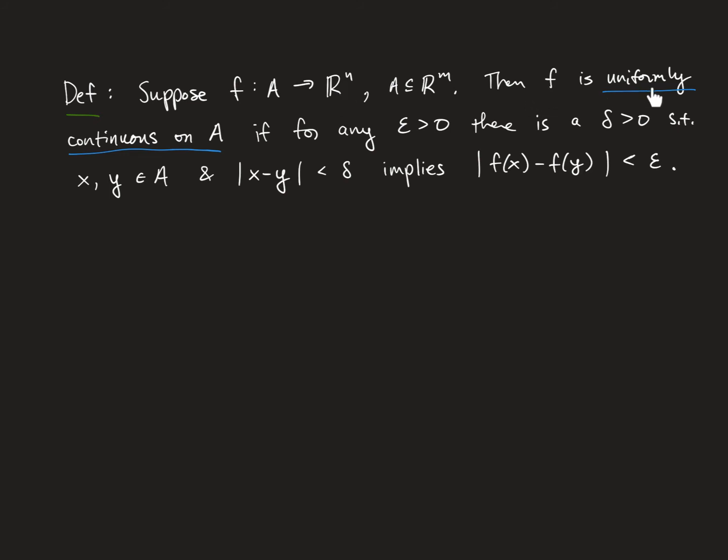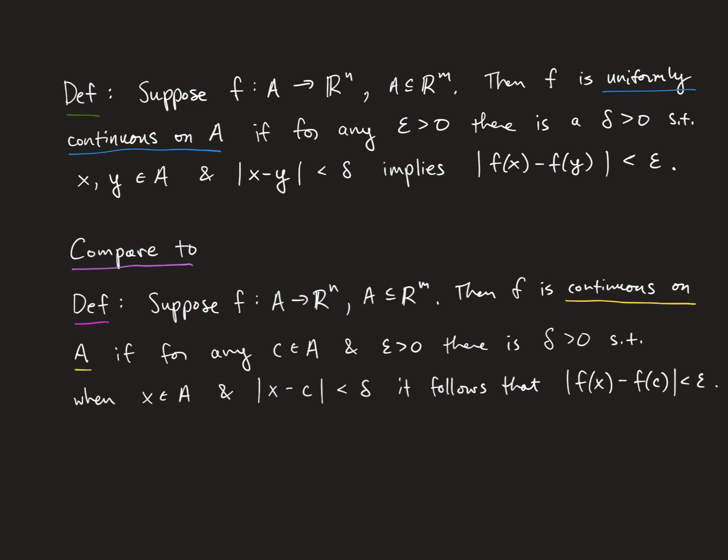We say that f is uniformly continuous on A if for any epsilon greater than 0, there is a delta such that when you take two points in A which are within delta of each other, then their images are within epsilon of each other. So in other words, if x and y are close together, and delta measures quantitatively this notion of closeness, then as long as x and y are close, f of x and f of y are close together. Okay?